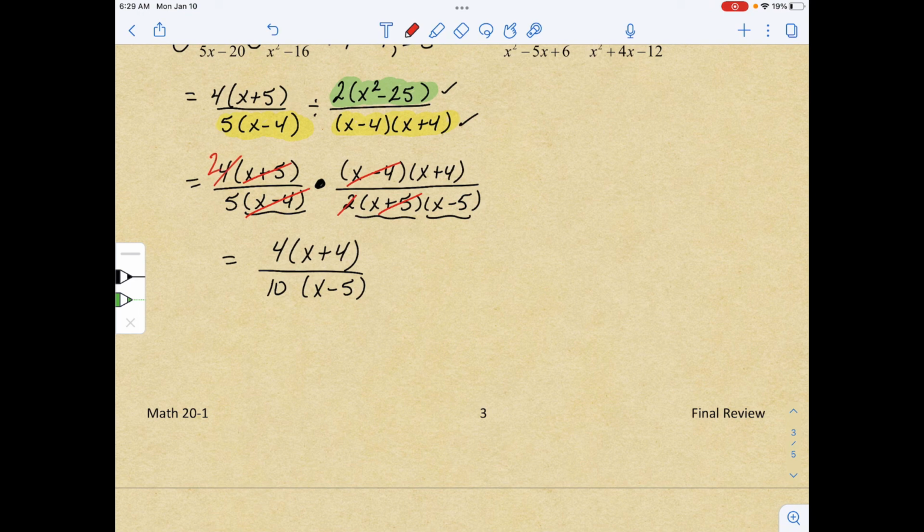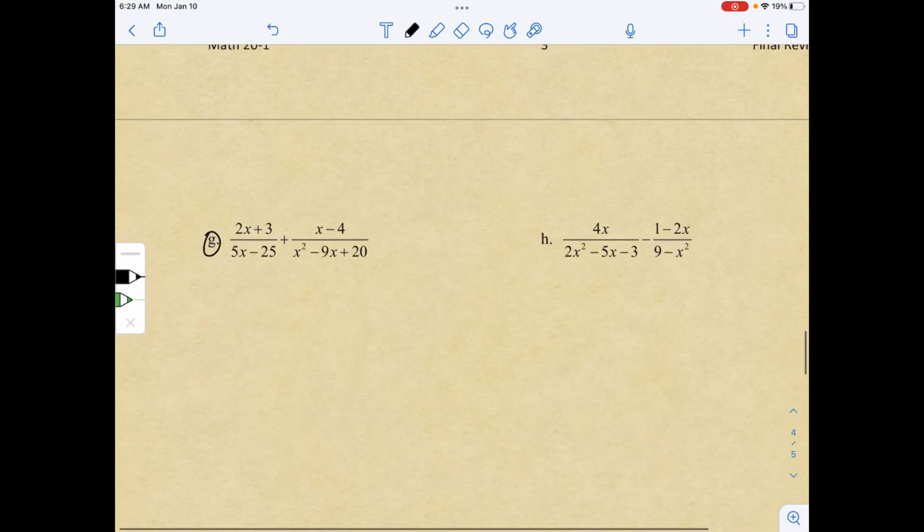I could have done 4 and 2, which is 2 and 1. And then, of course, down here, this is going to become a 2 and a 5. Okay, so our final solution there is 2x plus 4 over 5x minus 5.